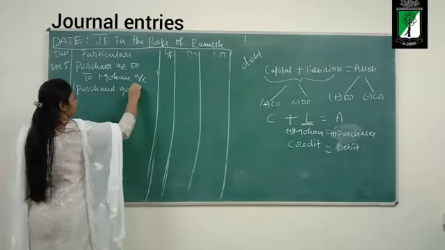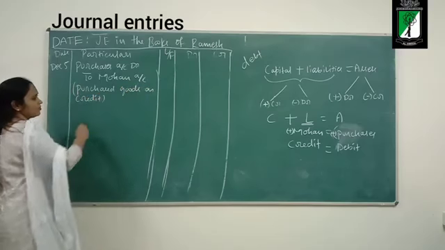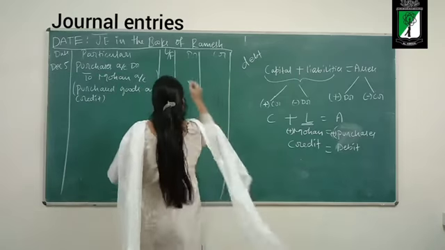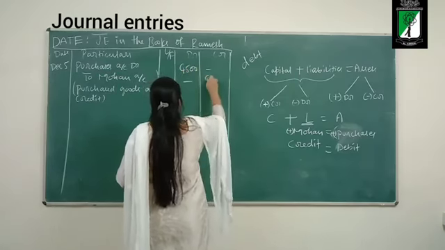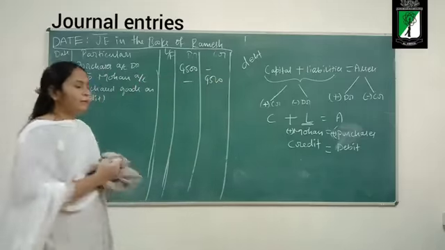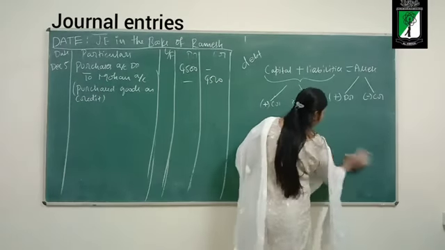Narration: purchase goods on credit. How much is the value of the goods being purchased on credit? Rupees 4,500. Now let me solve the journal entry with the help of the traditional approach.